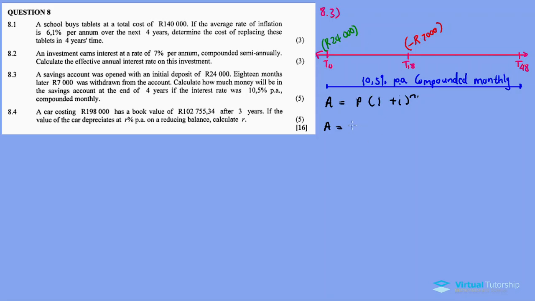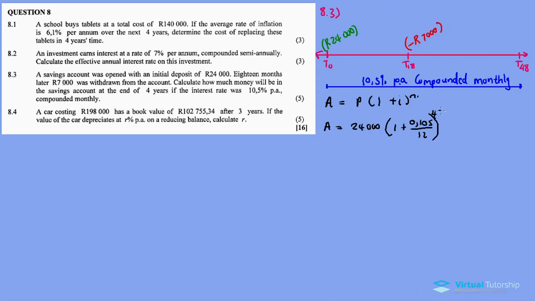So 24,000 rand open bracket 1 plus the interest rate is 0.105 divided by 12. It's compounded monthly, raised to exponent 48 ngoba le 24,000 rand yohlala for 4 years angisho.